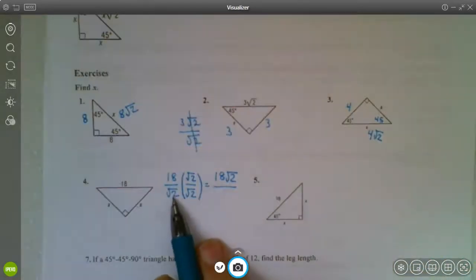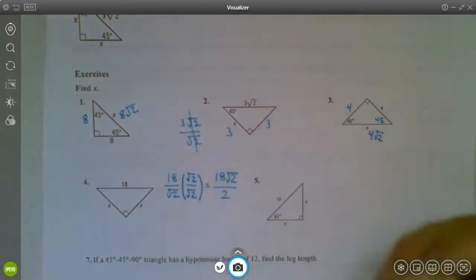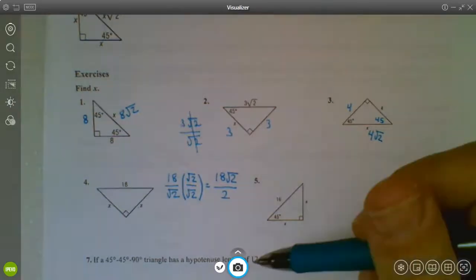On bottom, if I did the square root of 2 times the square root of 2, I would get the square root of 4. But what's the square root of 4? Just 2. So notice in that process, I got rid of the radical, right? That was the whole point, I'm not supposed to leave radicals on the bottom of a fraction. So I no longer have a radical down there.